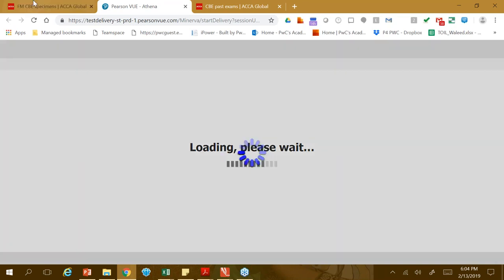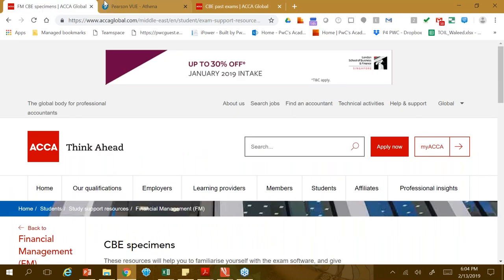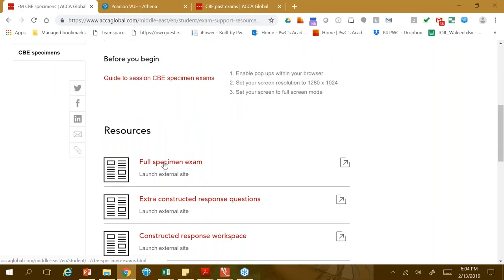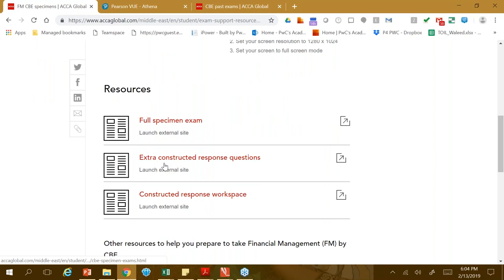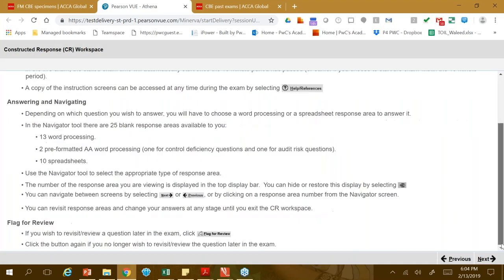You can also open the constructed response workspace, which is available on the CBE exam link, the specimen exam link, where we have the constructed response workspace. And because it is the 2013 question, therefore we don't have the CBE version of it as yet.